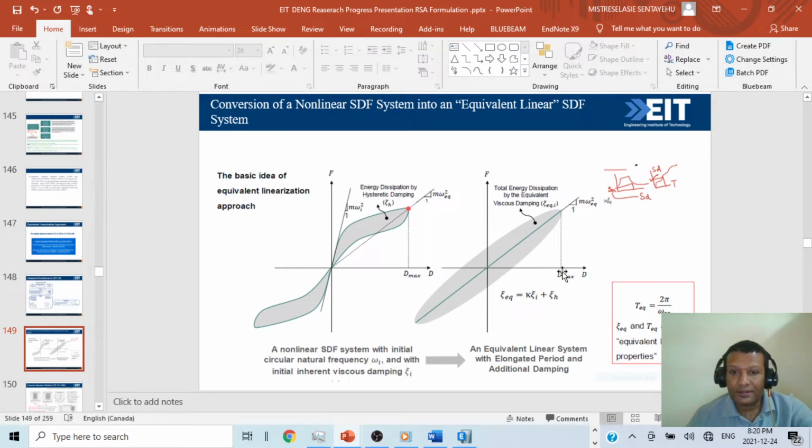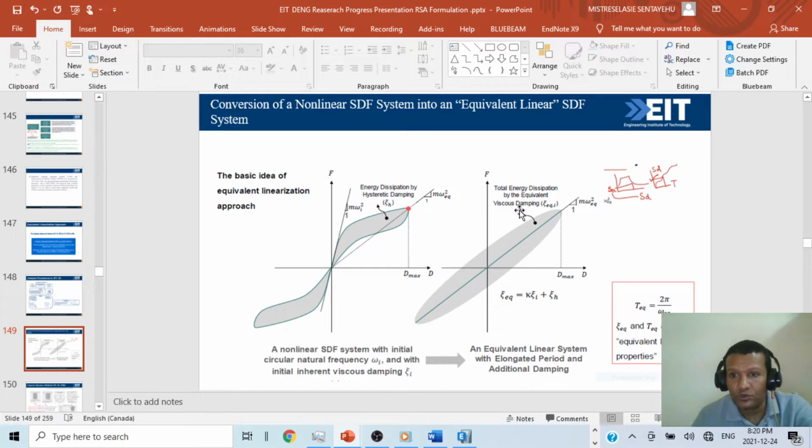Then here, total energy dissipation by the equivalent viscous damping. This is the nonlinear single degree of freedom system with initial circular natural frequency and initial inherent viscous damping. But here the damping will be added, because we are changing it into an equivalent linear system with elongated period and additional damping.